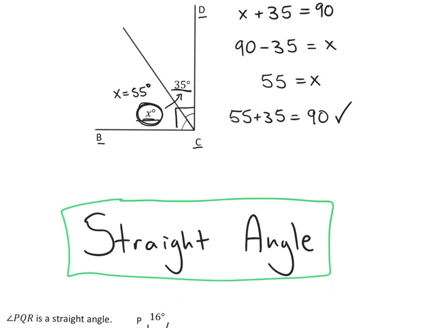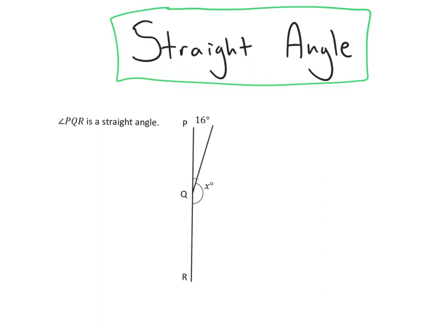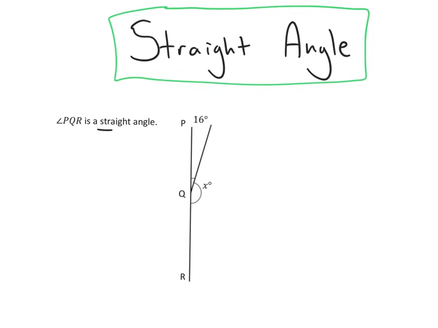We can use the same process for straight angles. Starting out, we know that straight angles are equal to 180 degrees, so they're like a straight line. Using this understanding is going to help us figure out how many degrees this mystery angle is. We say PQR is a straight angle, which means it equals 180 degrees in total.